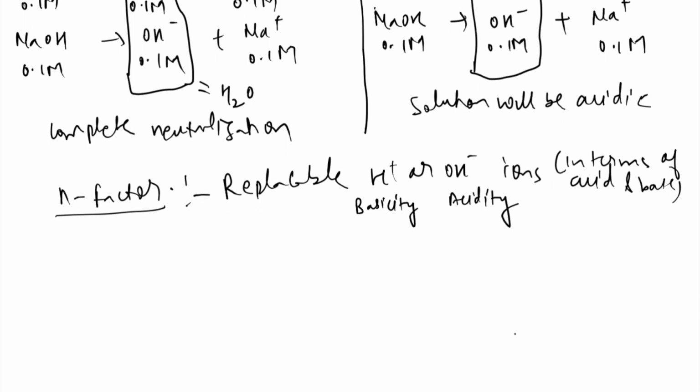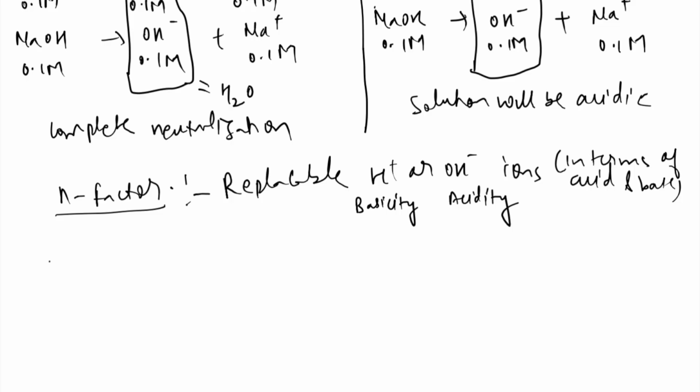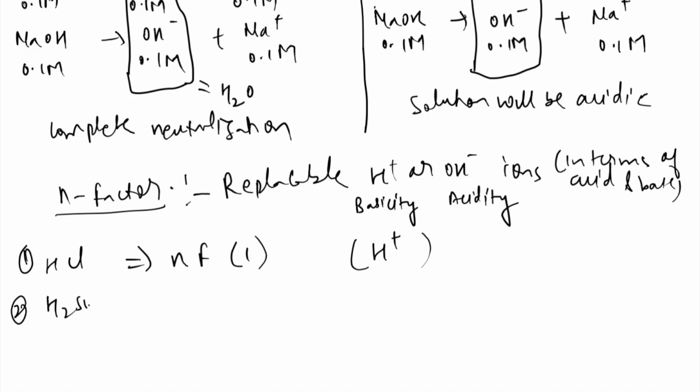Okay, so it's very easy to understand right now. For example, first we will talk about HCl. In this case, the N factor is 1. Why? Because we have 1 H plus ion. If I talk about H2SO4, the N factor is 2.